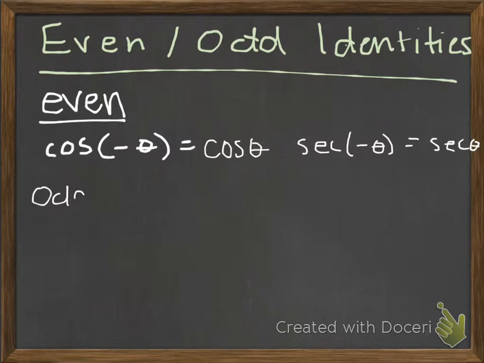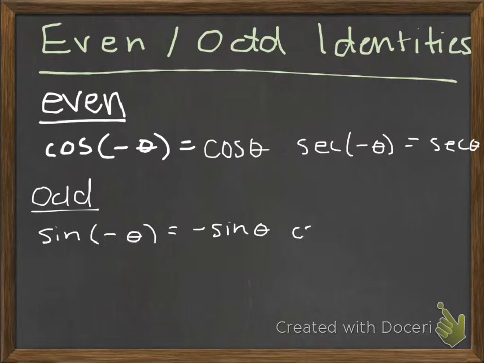The other four are the odd, and they have a different rule. So if I input a negative theta into sine, the rule says that the negative goes out front of your final answer. So the angle is no longer negative, it's the trig function itself that is negative. If it's true for sine, it's true for cosecant.